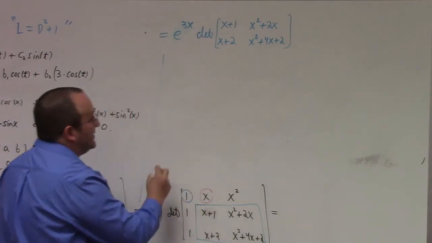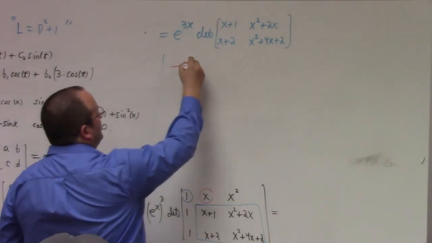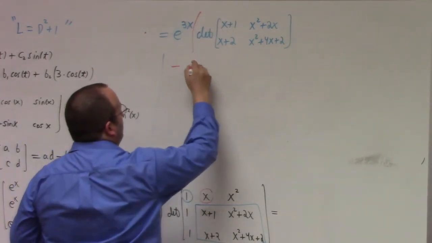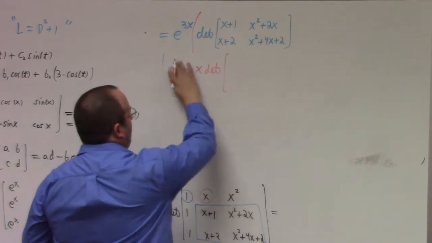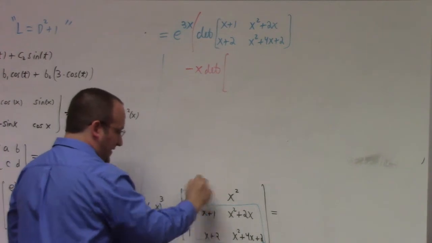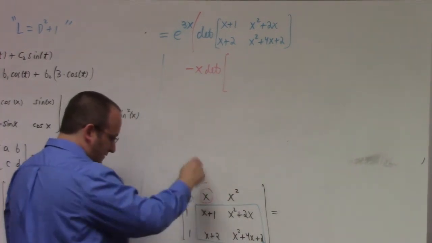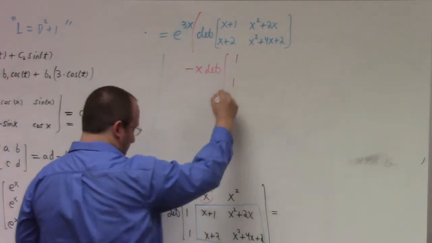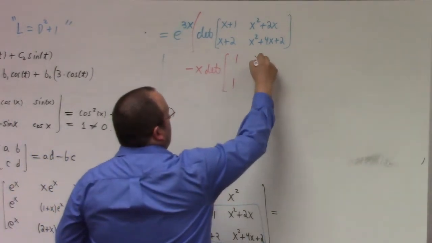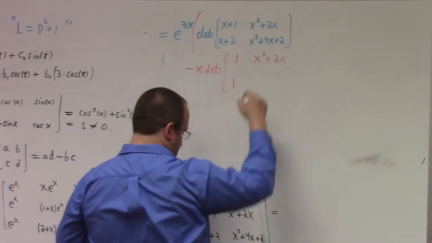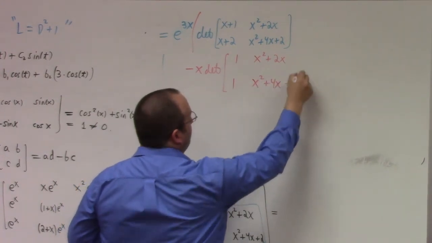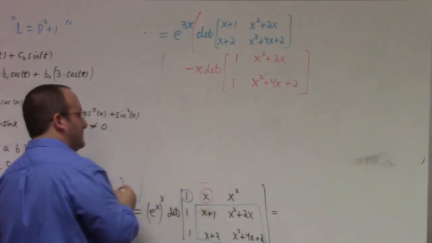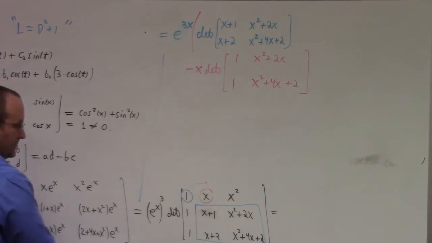And then x, so I do minus x times the determinant of everything that's not in the first row and second column, which is x squared plus 2x, x squared plus 4x plus 2, and then the x squared.